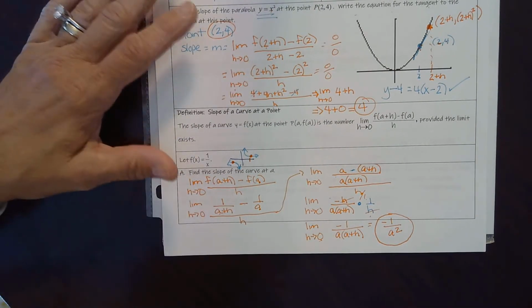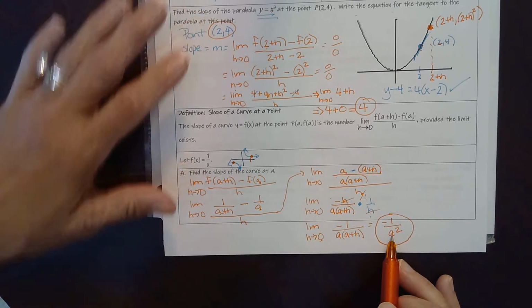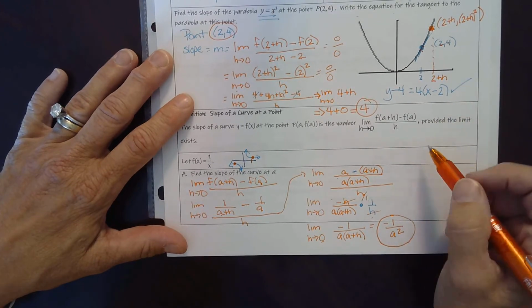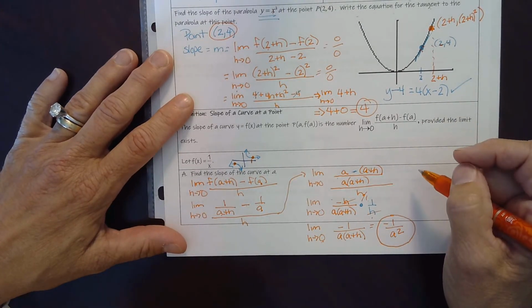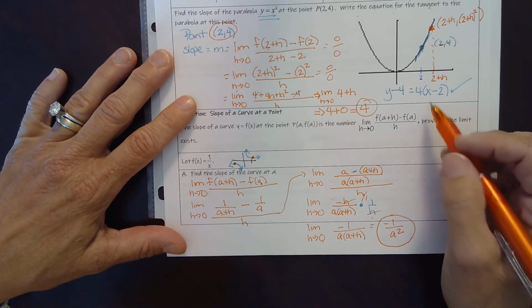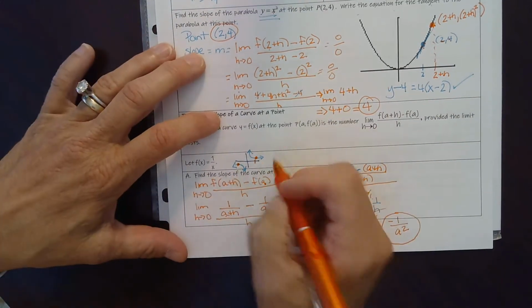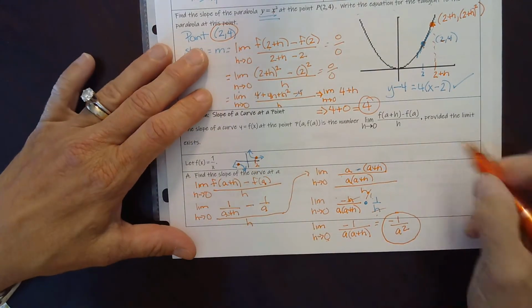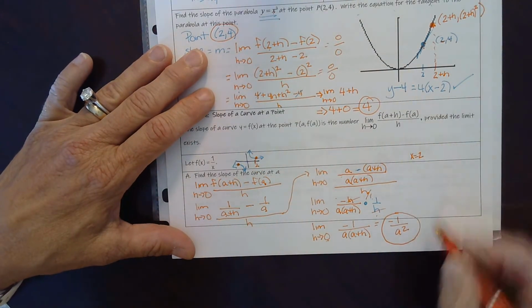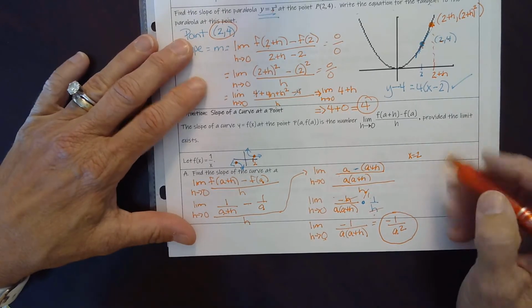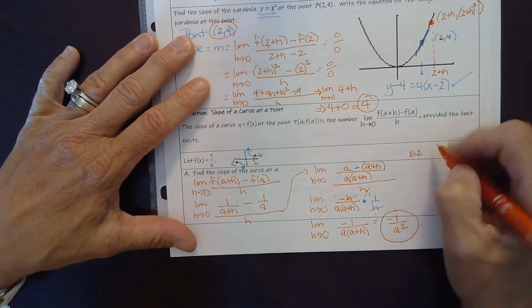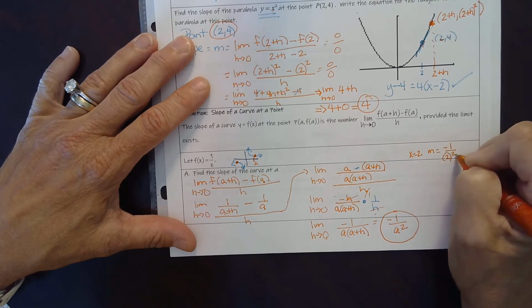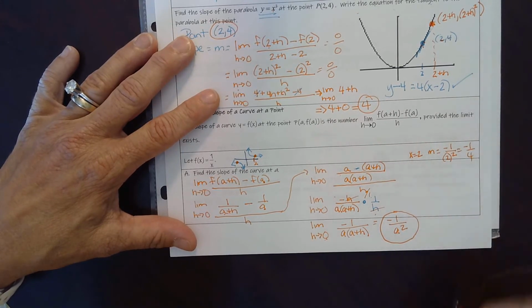Okay, so that looks like a weird slope since no numbers are involved. Now, what if we wanted to find the slope at, let's say this point, and let's say that point has a value of 2. So if this is 2, at x equals 2, which is your a value, then I can find the slope, m equals negative 1 over 2 squared, which is negative 1/4.